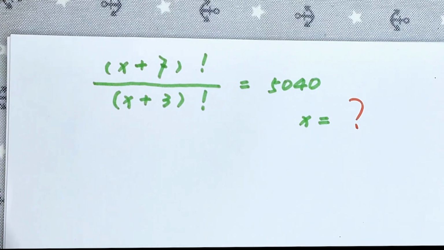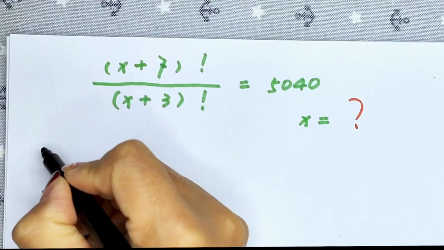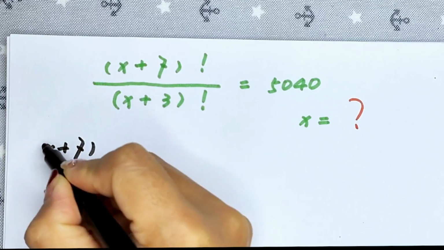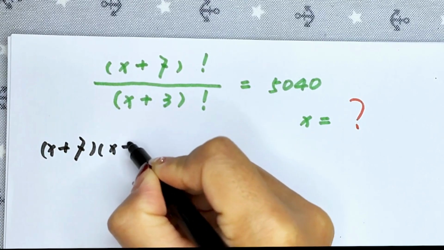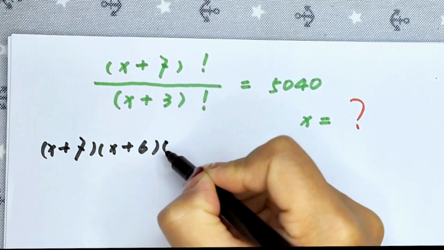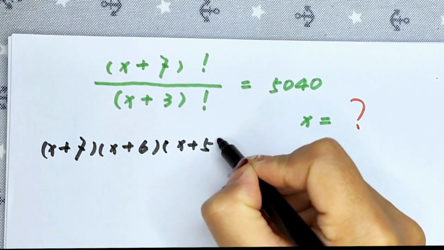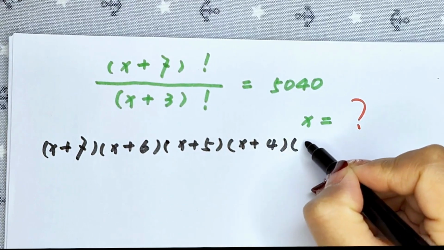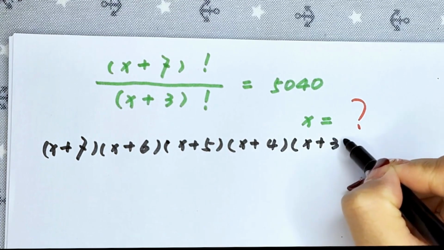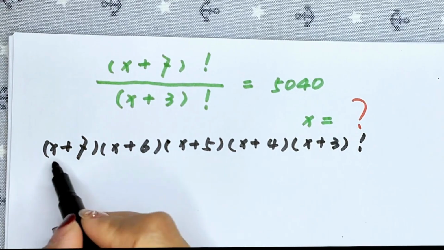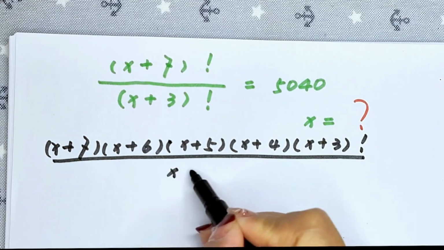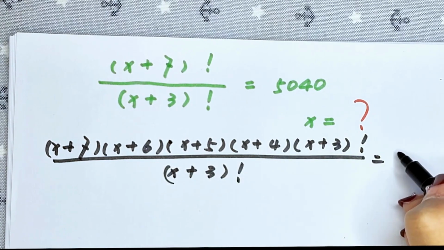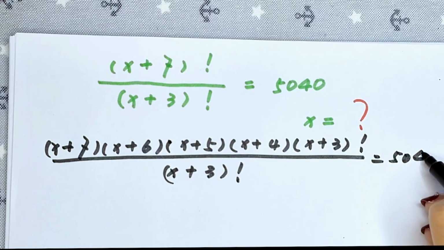So first, the numerator is the same as x plus 7 times x plus 6 times x plus 5 times x plus 4 times (x plus 3)! over (x plus 3)! equals 5040.